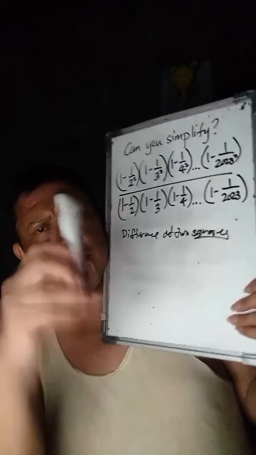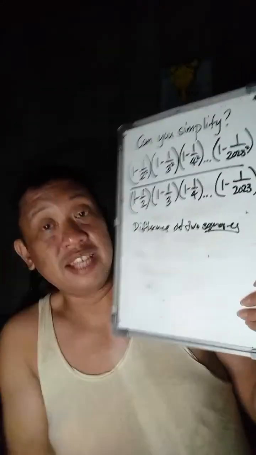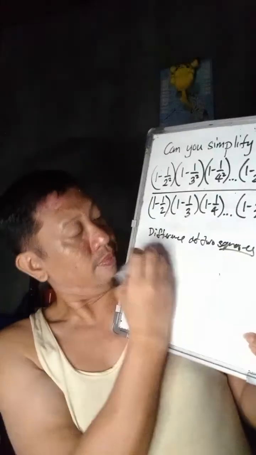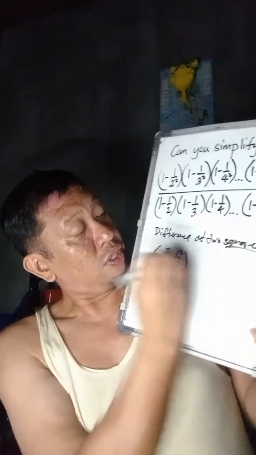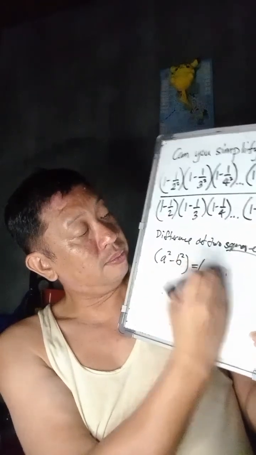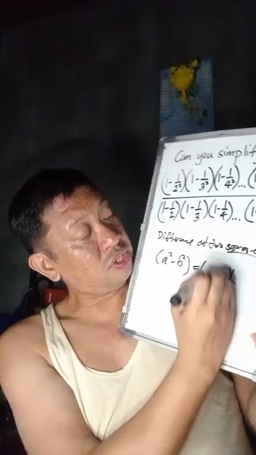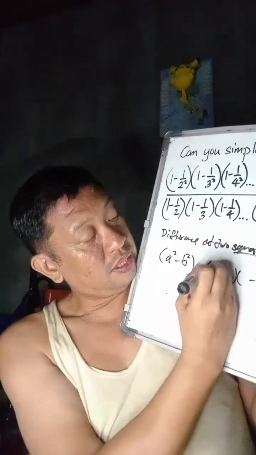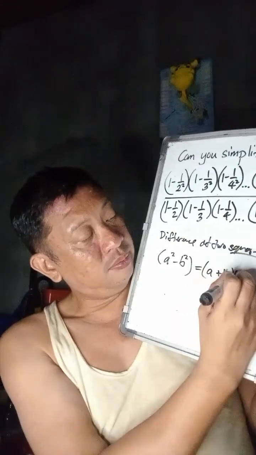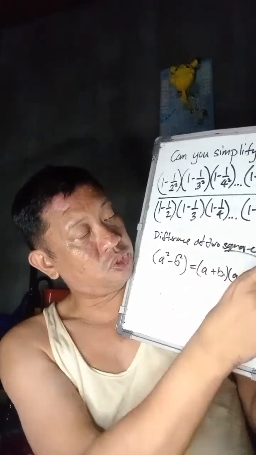How come? Because the difference of two squares has this kind of pattern. If I have a squared minus b squared, the factored form will be two pairs of parentheses. One carries a positive and one carries the negative, and they have the same two terms.